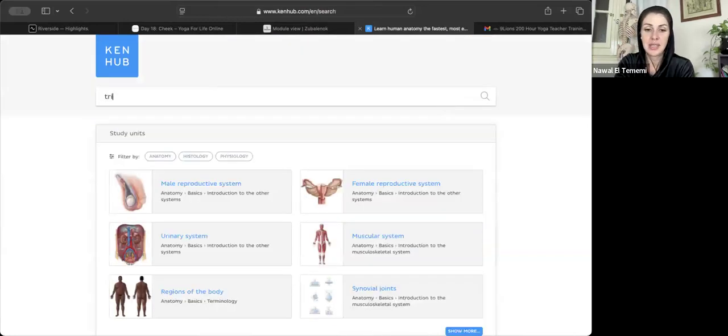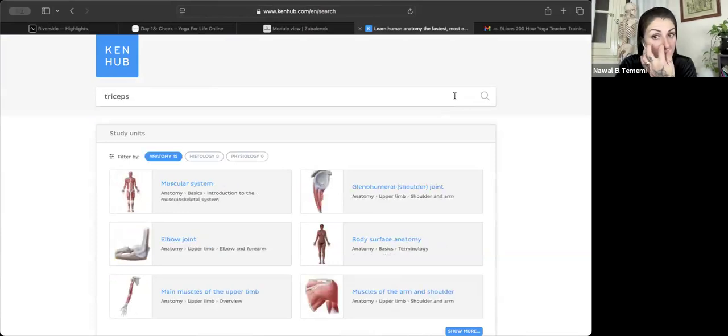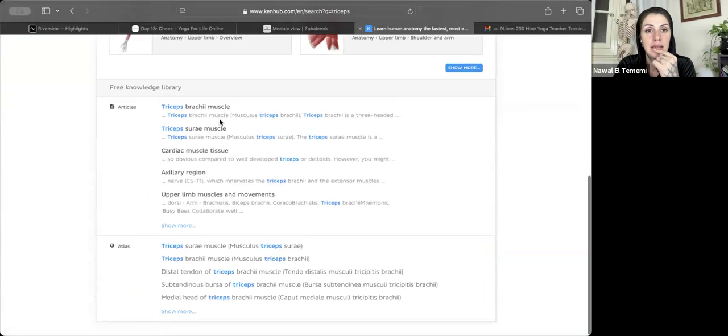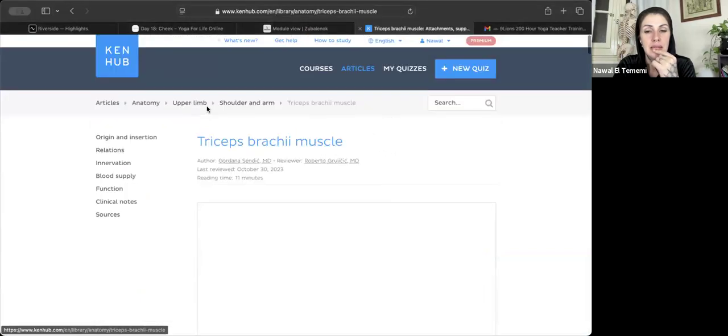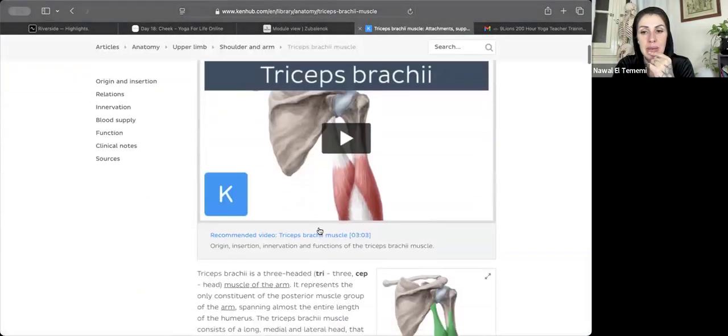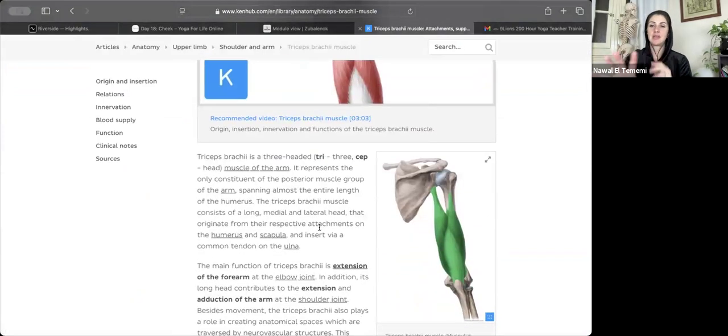And then triceps are on the back of the arm. That little green is like seeing my arm from the back. The biceps had two little bunches, and this one has three little bunches of how it contracts and comes together.